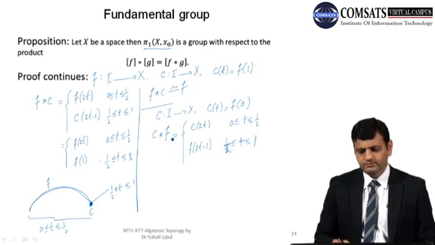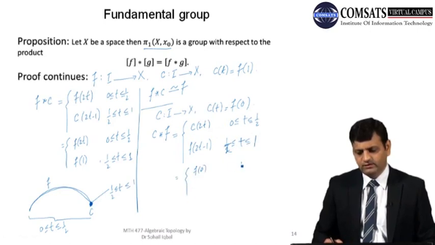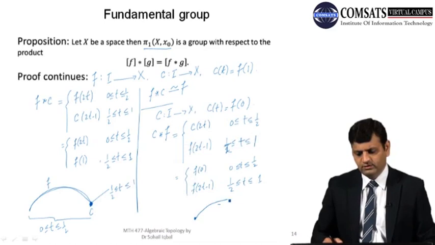So once again, c of 2t is equal to f of 0 when t varies between 0 and 1/2. When I vary t from 0 to 1/2, I am at the same point, f of 0, and when I vary t from 1/2 to 1, I am moving along f.